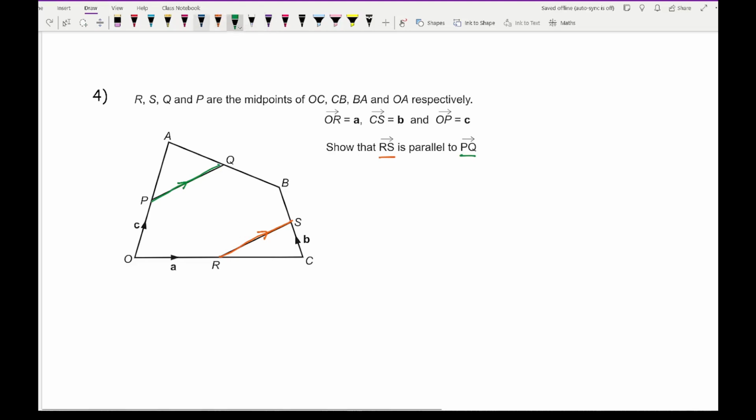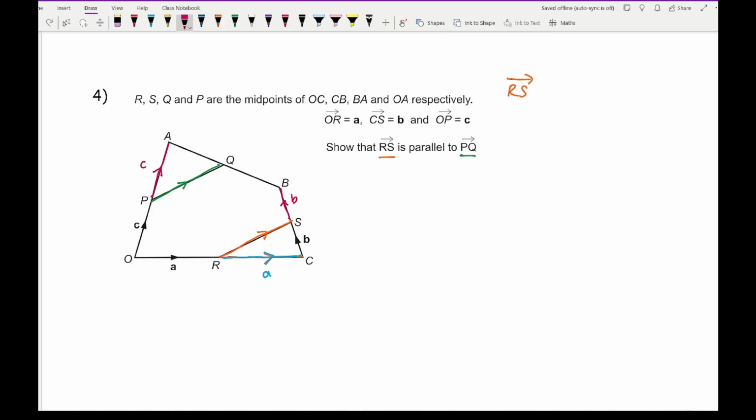So to get from R to S first, looking at the midpoints, if O to R is equal to A, then this here is also going to be, let me use a different colour, A. We know that using the midpoints, I'm just labelling things across, that's also going to be B. This length here is also going to be C as well.